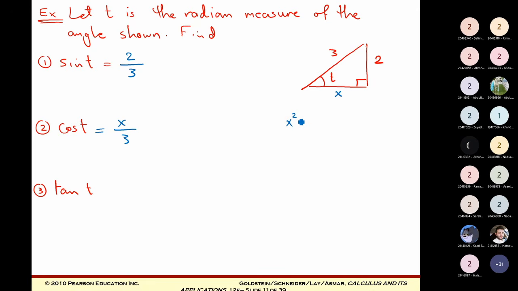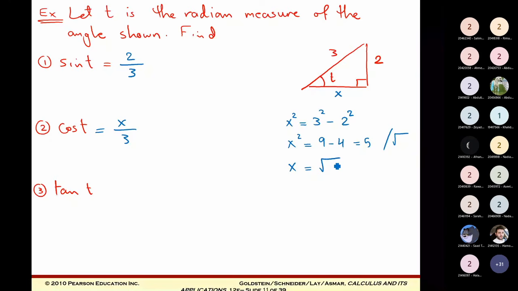X square equals what? Hypotenuse square minus 2 square. So X square equals 9 minus 4 equals 5. Take the root for both sides, so X equals what? Radical 5. Good, Afnan. So the cosine is equal what? Radical 5 over 3.